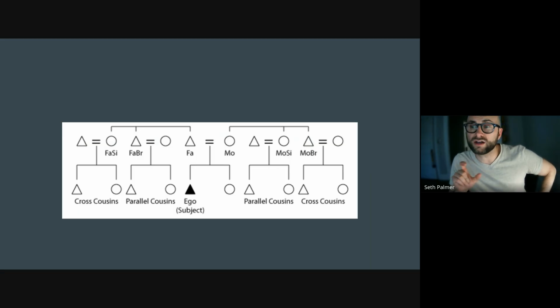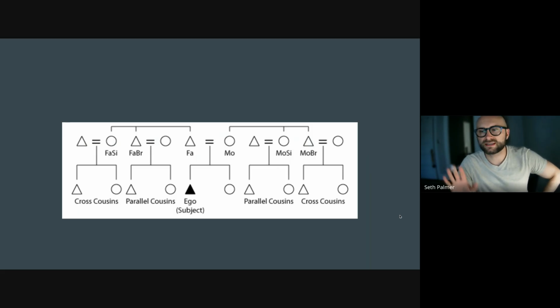However, if we cross gender, like look at mom's brother's kids, those will be cross cousins. Let me reinforce this. If we look at father's side, ego's dad's brother's kids, well, those are going to be parallel cousins because dad, brother, male, male. But dad's sister's children are going to be cross cousins to ego.